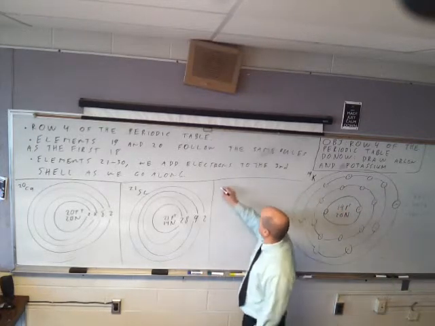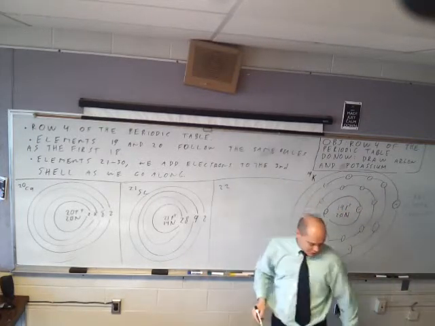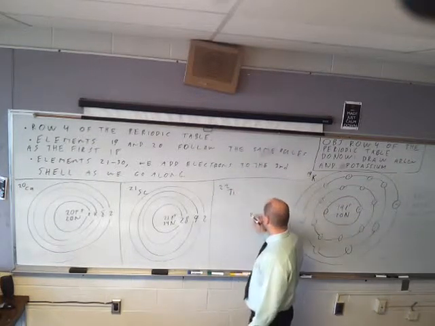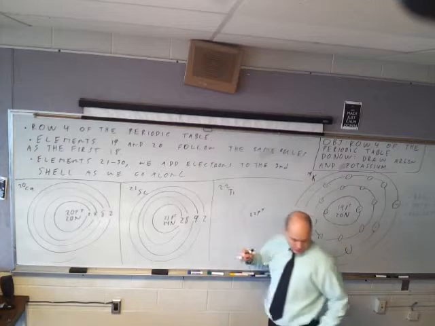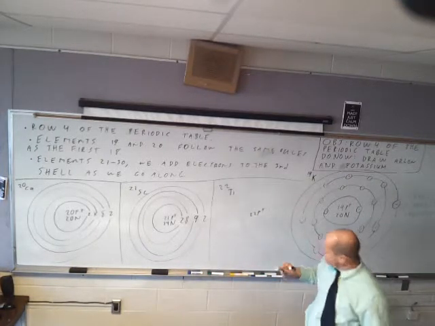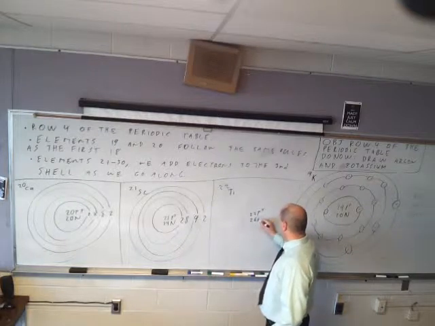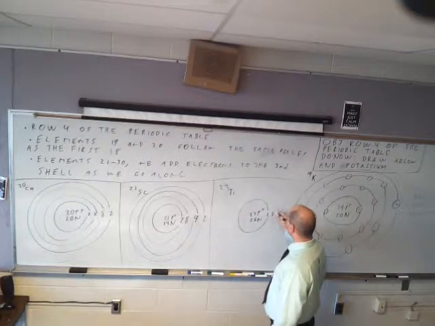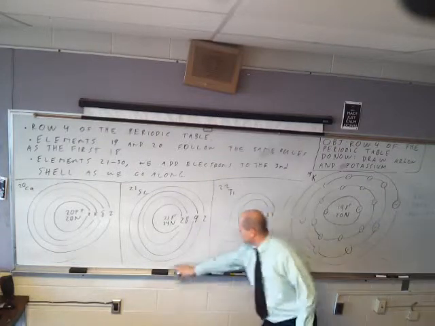All right, 22. 22 is titanium. And that's 22 protons, and it's going to be 26 neutrons, is that right? Okay, so it's going to be 2 electrons in the first shell, 8 electrons in the 2nd shell. Now I'm running out of space.